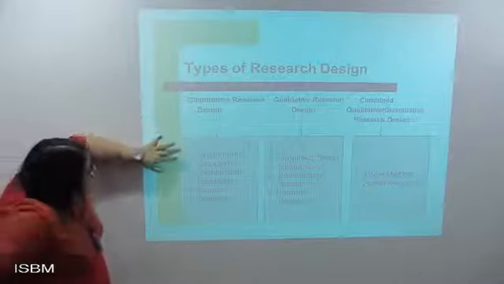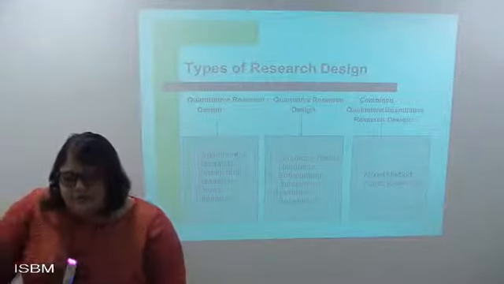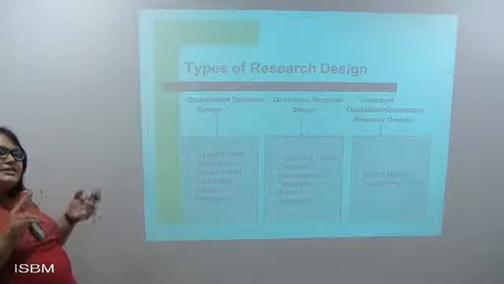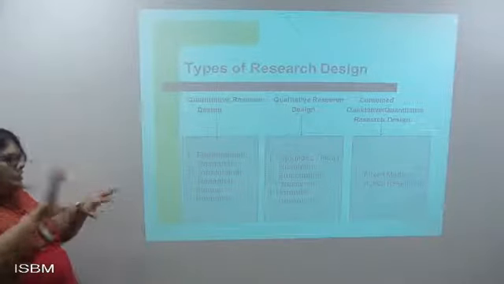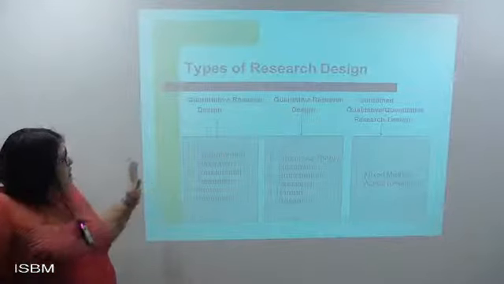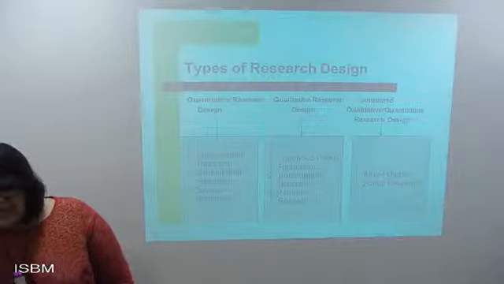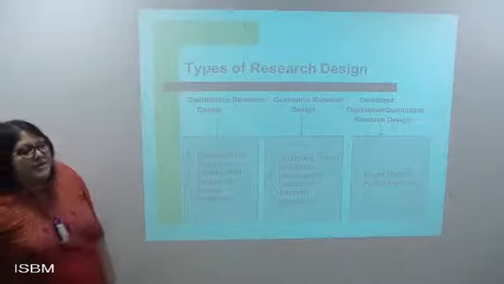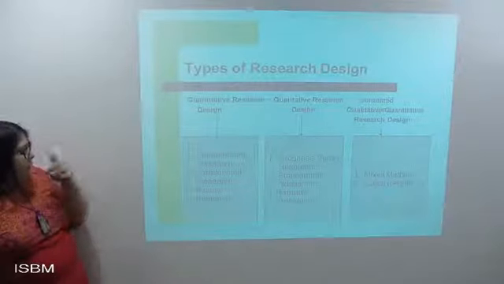So experimental research is nothing but the research in which you test the variables, you test the relationship between the variables given a proper hypothesis which you set. Now, the experimental research process has its own advantages and disadvantages. For example, the variables play a very central role in experimental research.